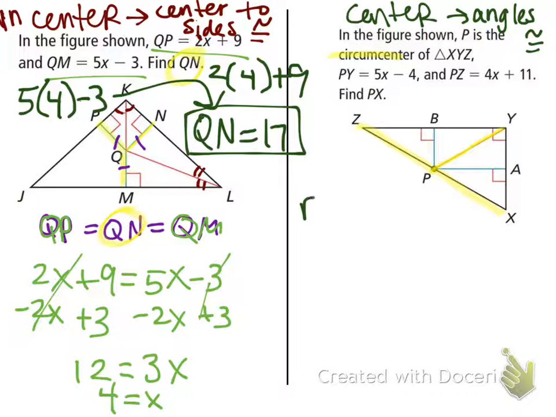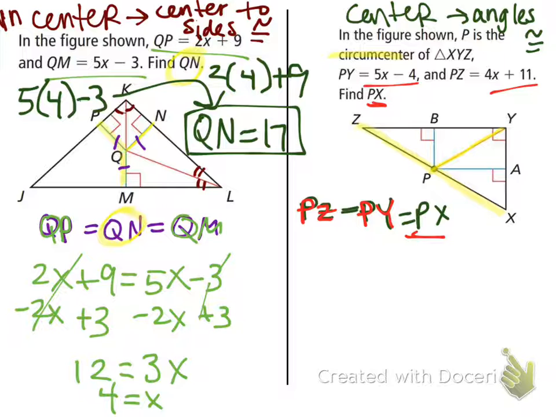That means the length of PZ and the length of PY and the length of PX are all the same. They gave us PY, and they gave us PZ, and then we want to find PX in the end.